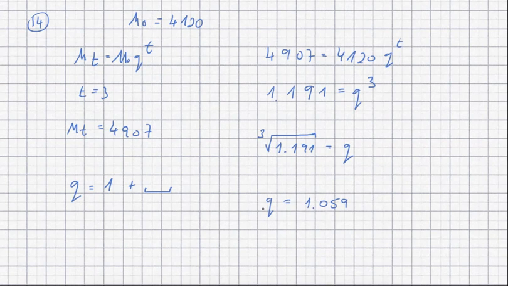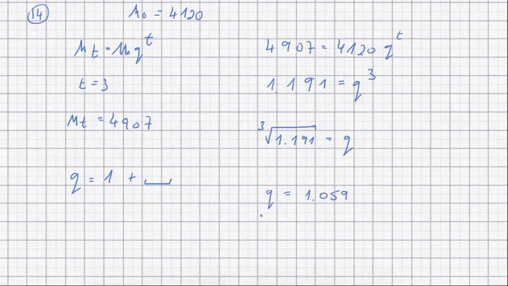Okay. So now they ask you, do you understand from the last line that you need to find a percentage? Now we have Q, and we know that Q equals 1 plus the percentage. So if we do Q minus 1, we have this equation.